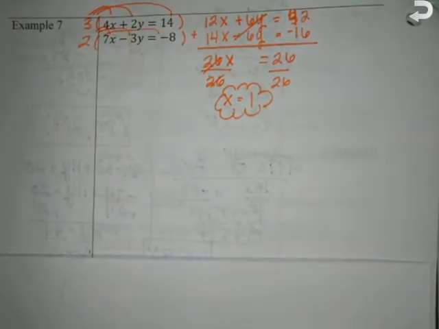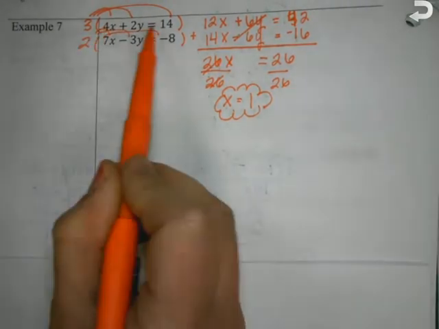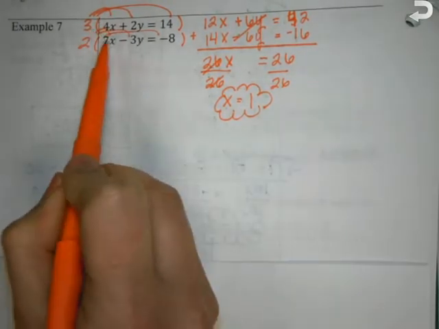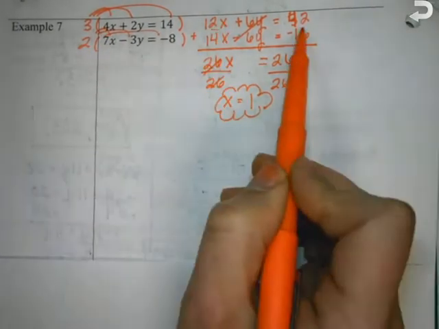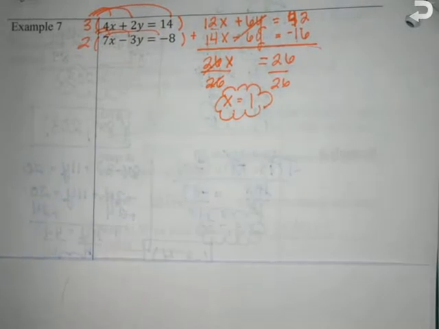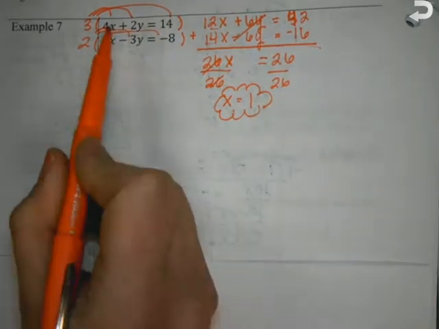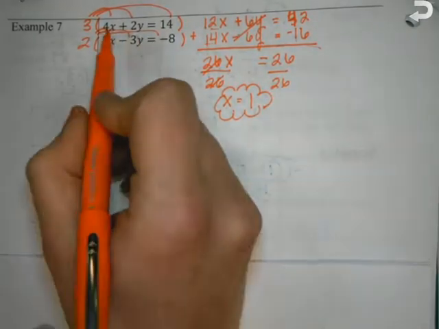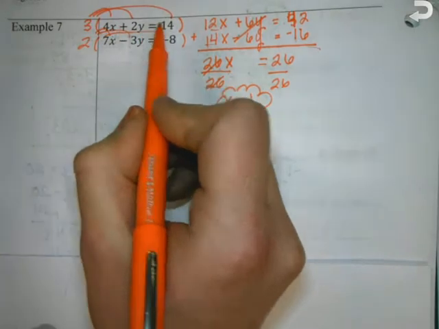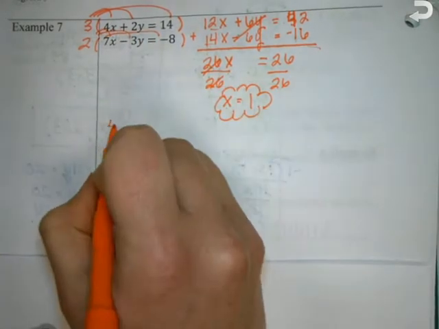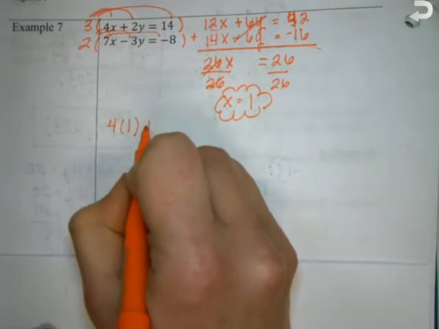Okay, let's plug it into 4x plus 2y equals 14. So that is going to be 4 times 1 plus 2y equals 14. 4 times 1 is 4 plus 2y equals 14. Subtract 4.